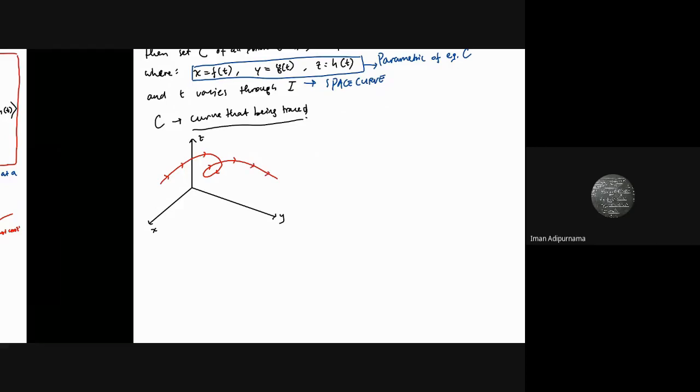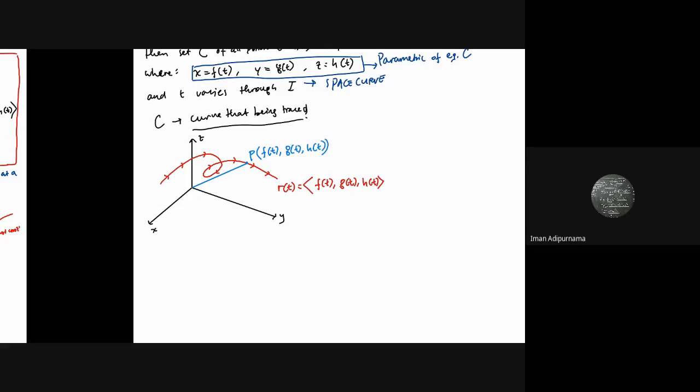We are tracing one point at a time. Let's say we are at this point P, and r is the vector of f(t), g(t), and h(t). The coordinate of point P is f(t), g(t), h(t).